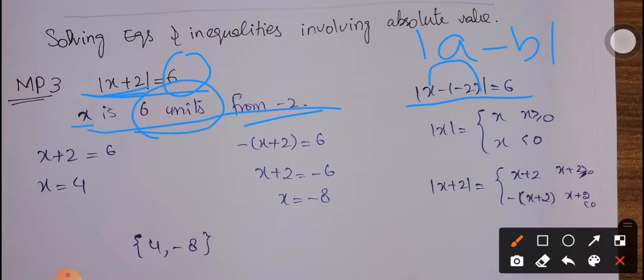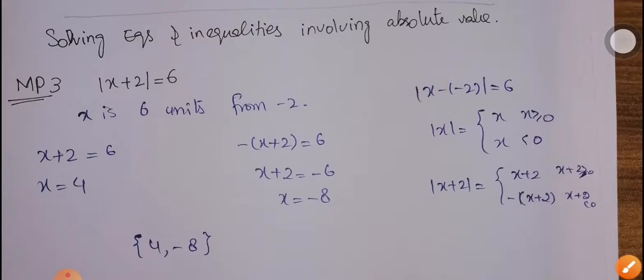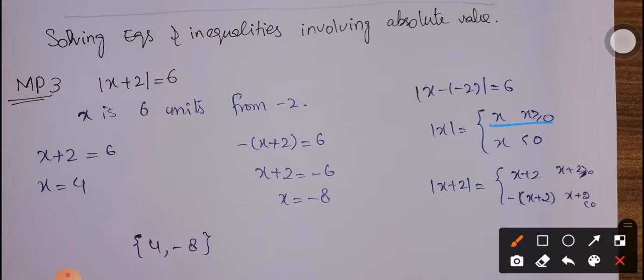Now we are going to solve this equation. As we know, absolute value of x is equal to x if x is greater than or equal to 0, and minus x if x is less than 0. Whenever we talk about the absolute value, it means we have two possibilities, either positive or negative, so we will discuss both. Whenever we have an absolute value expression in equations or inequalities, we have to discuss both cases, positive and negative.